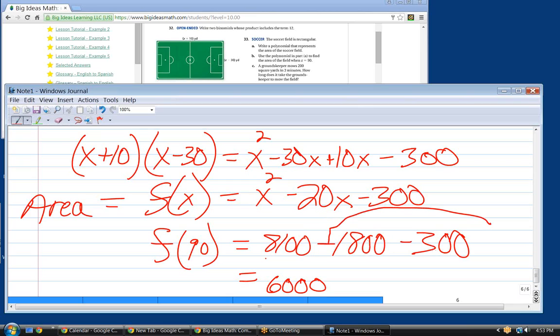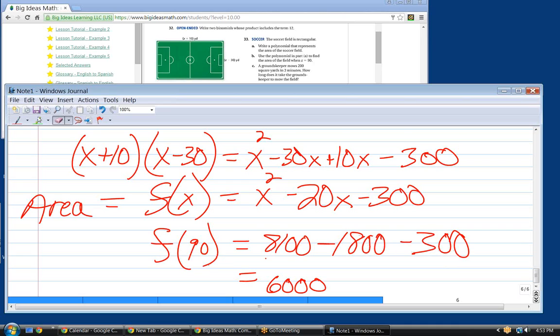I can see that that's going to be 2100, and 2100 subtracts from 8100 really easily, as opposed to if this was 2200. Subtracting 22 from 81 is not nearly as easy as subtracting 21 from 81. If it was actually 2200 here, I probably would have used a calculator.